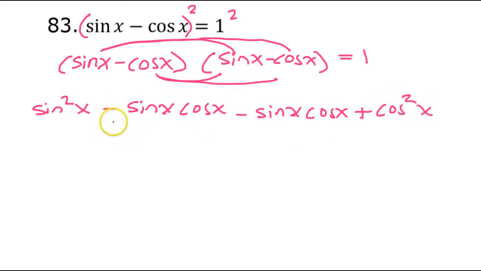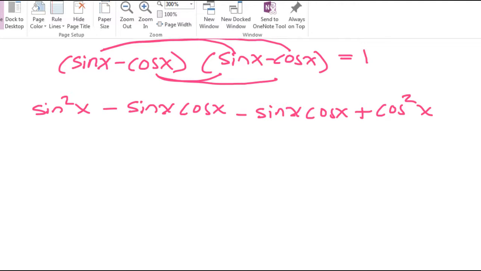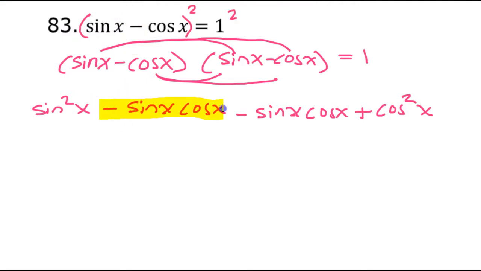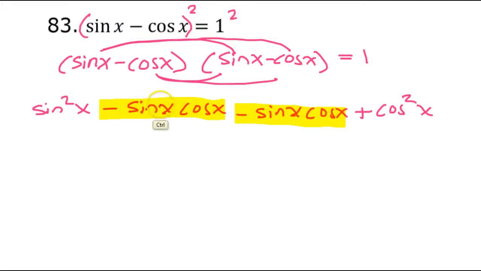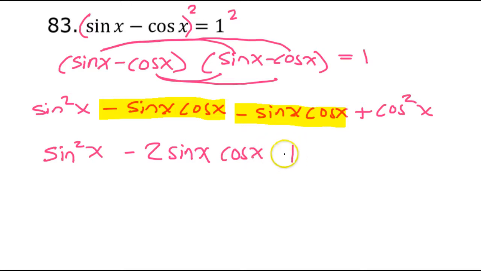So you probably noticed that we have like terms right here in the middle. All right, these two are like terms. So if we put those together, that'll make negative 2 sine x cosine x. So now I'm going to have sine squared x minus 2 sine x cosine x, okay, plus cosine squared x is equal to 1.